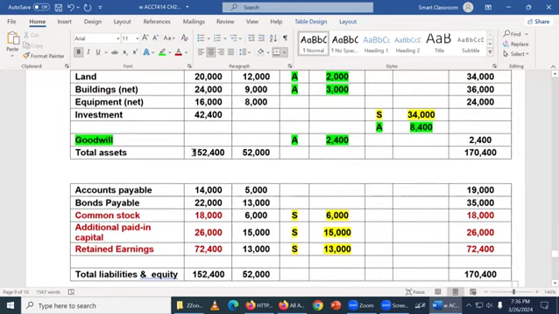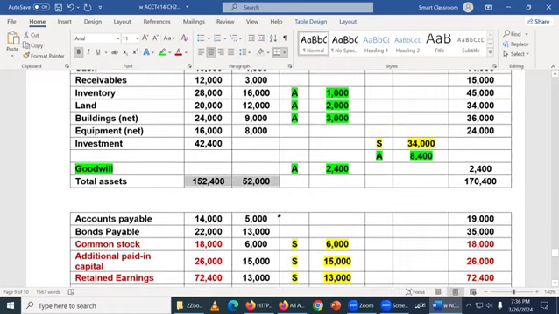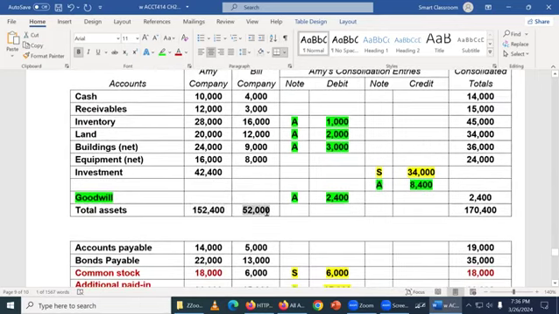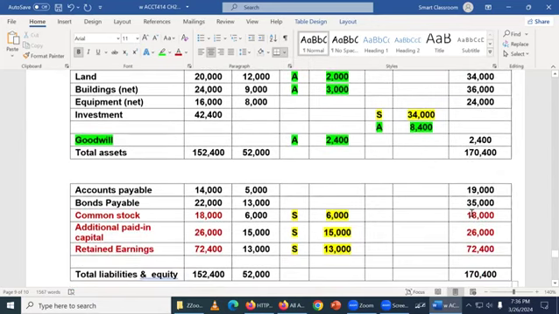So I'll tell you something, there is sort of a way you can check your answer a little bit on these. You may be looking at this saying, okay, how come we have 152,400 for Bill Company, and we have 52,000 of Amy Company? We have them together. How come it doesn't come out to 200 and whatever thousand?